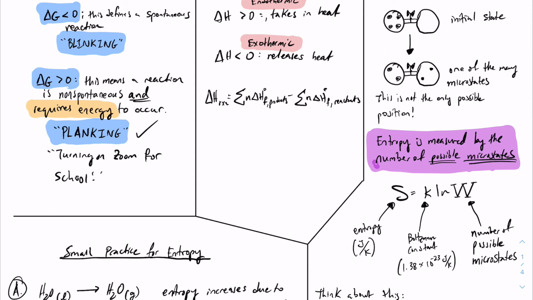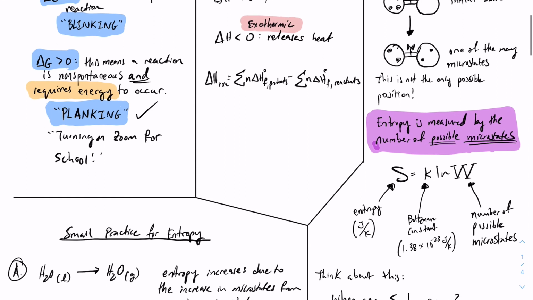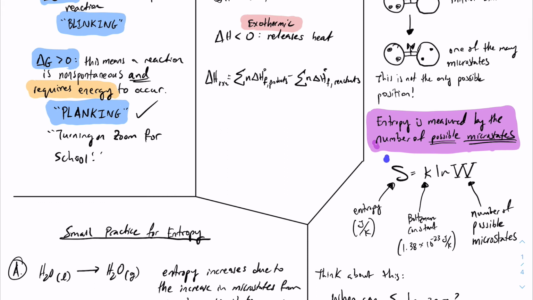The way we can calculate entropy is based off of this really interesting equation where S, the entropy, is equal to k, Boltzmann's constant, times the natural log of omega, where omega is the total number of possible microstates.